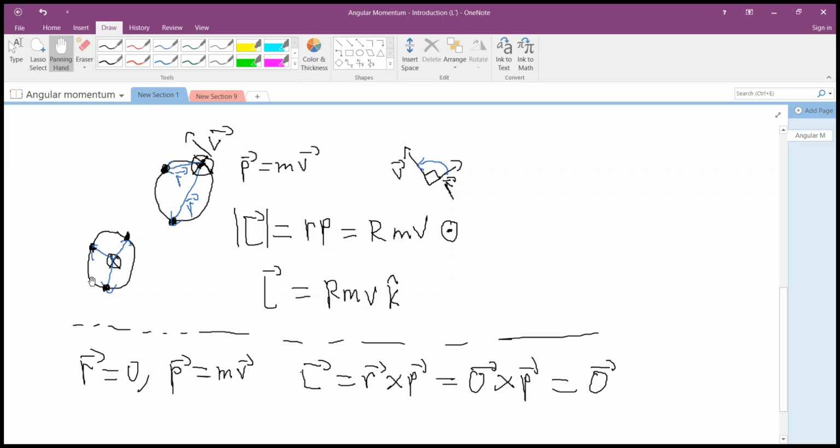So if a particle is moving in a circle, it makes sense to think of it as rotating about the center of the circle. And more generally speaking, it'll be a good idea to put the origin at the center of mass, as we will see. Or another way to put it, if you have a point of symmetry in the motion of your object as it moves, place your origin at the point of symmetry, and that tends to make it easier to calculate your angular momentum.